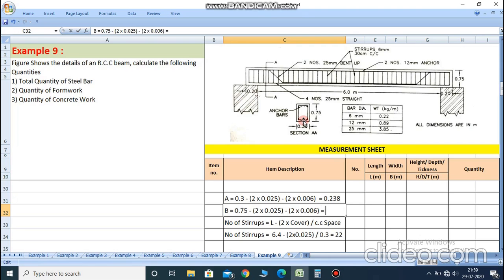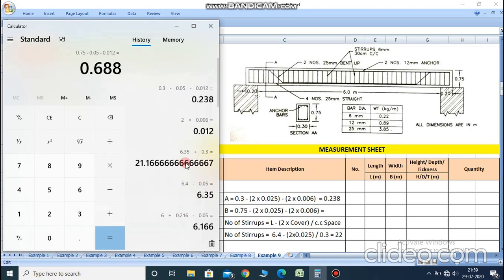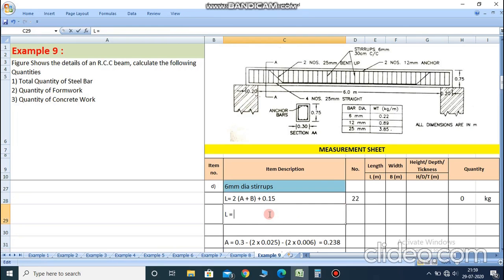So here we got the answer: 0.75 minus 0.05 minus 0.012. So we got the answer 0.688. All the values of A and B we write here.